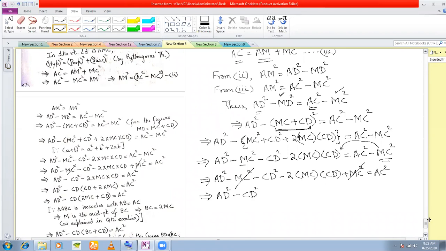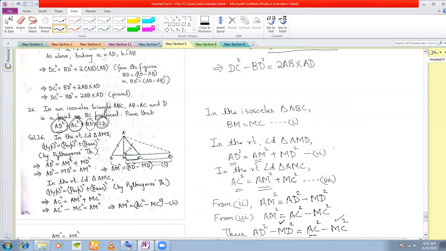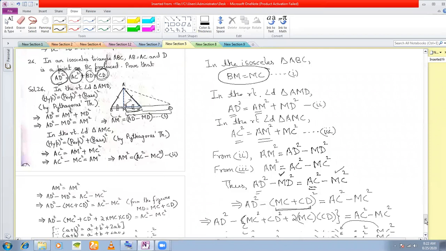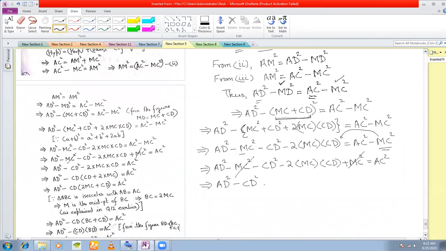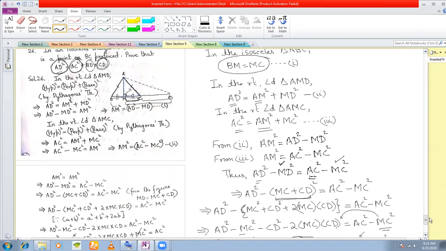Now see, now 1 will come into the picture. What did we have in 1? BM is equal to MC. That is, these two sides were equal, right? Because this was an isosceles triangle, ABC. So we'll use this. So AD square minus CD square minus this twice MC. What is this twice MC?